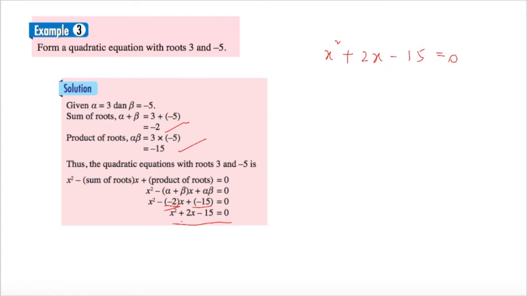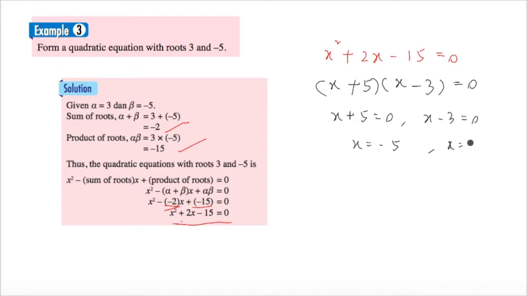You use back the last time's factorization. So x, 15, 5, 3. Plus here, minus here. Therefore, x plus 5 equals 0, x minus 3 equals 0. x equals negative 5, x equals 3.